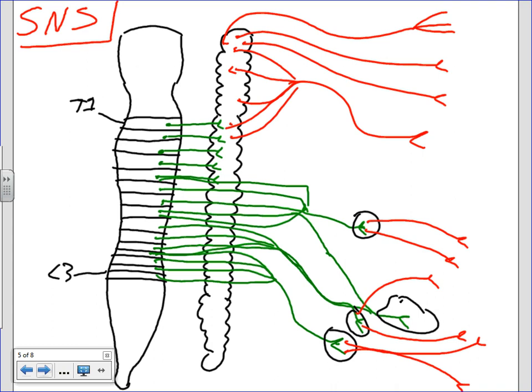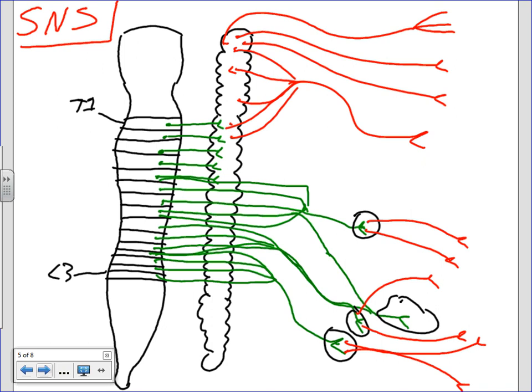Just like I said, hopefully you've got a textbook open in front of you where you can see better images than this. What we're looking at here is a very poorly drawn version of the sympathetic nervous system. Again, I'm not very keen on my art.